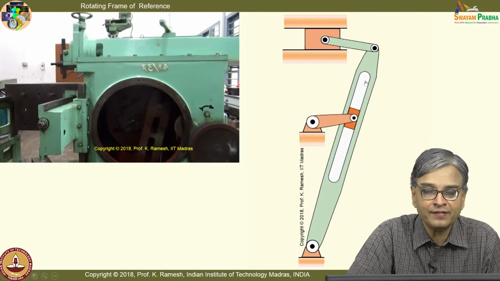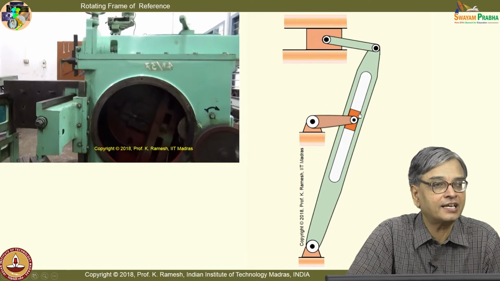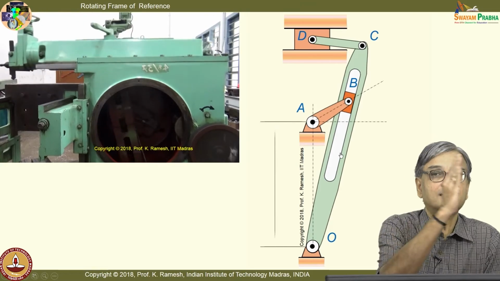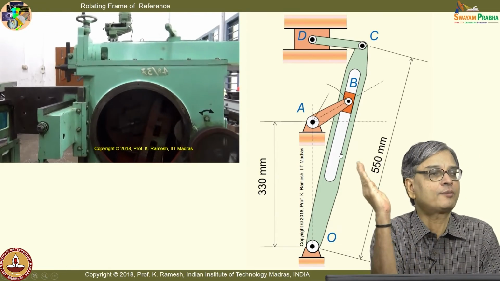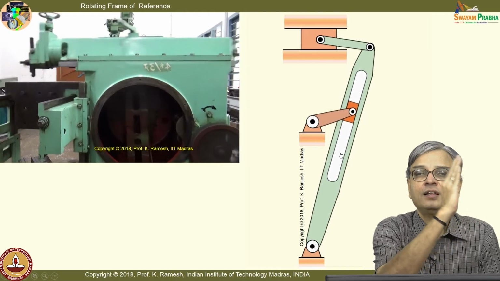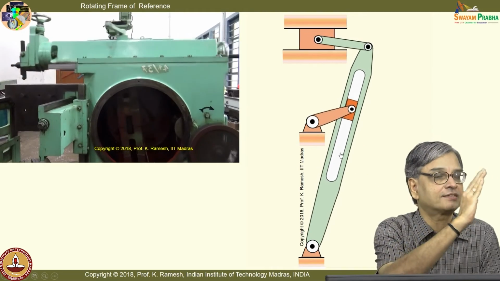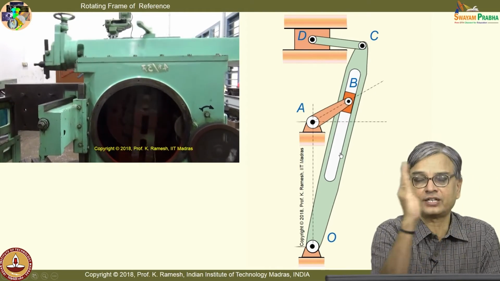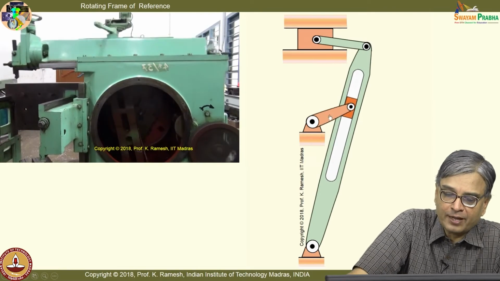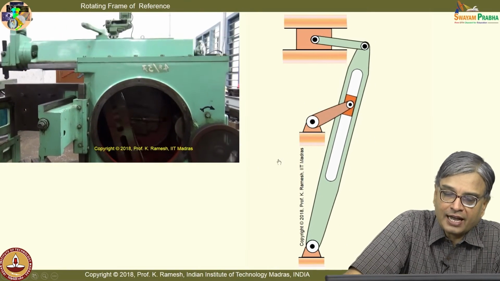So, I am going to have a linear velocity here, and this member is having an angular motion like this. So, that is the way your rotating frame of reference is oscillating actually. In this case it is, but anyway we are going to analyze it only for a particular crank position.